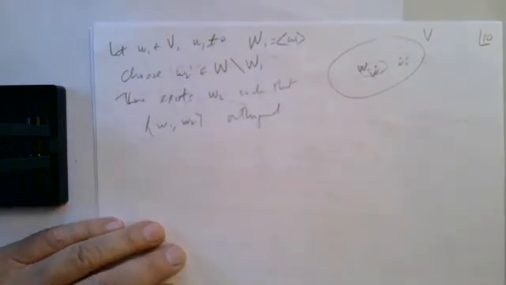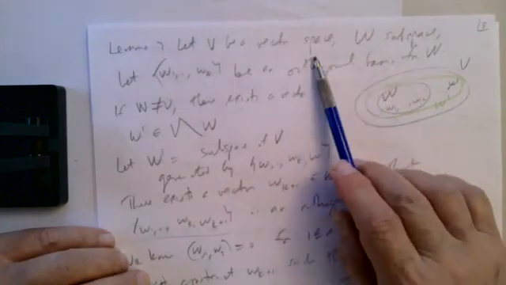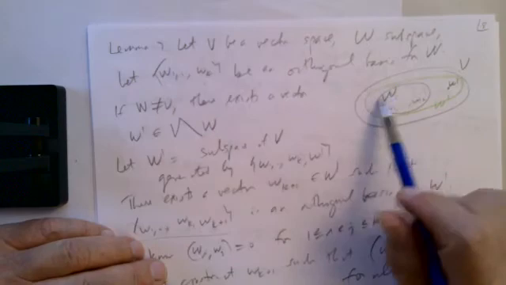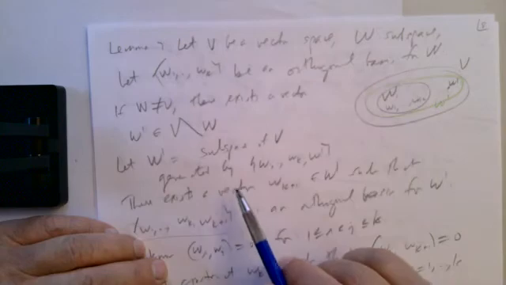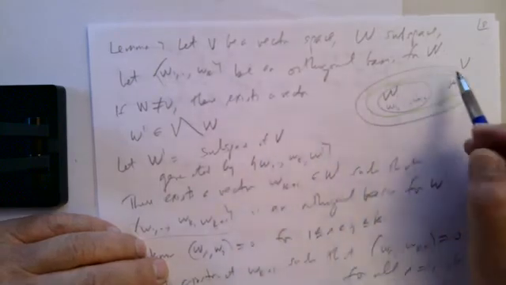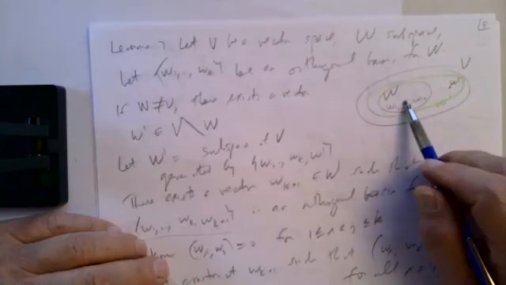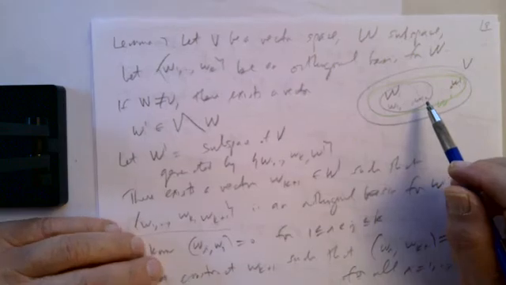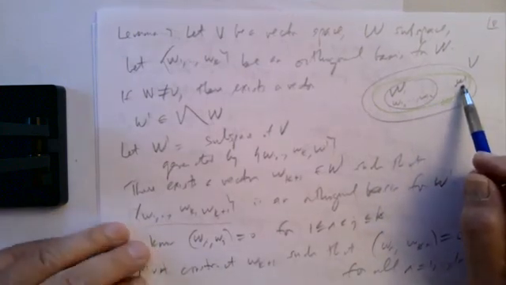And I guess what I should have said also when I was proving this previous lemma, here's the previous lemma. I said, take a vector space V, take a subspace W, let W1 up to Wk be an orthogonal basis for W. And if W isn't the whole space V, you can find a vector W prime. So W prime is not in W. And we can let capital W prime be the subspace generated by these k vectors and this new vector W prime.